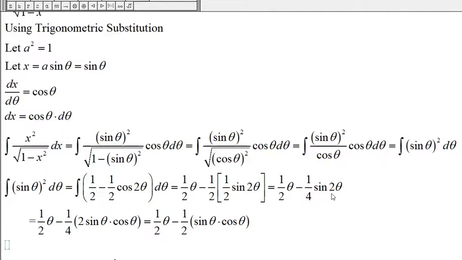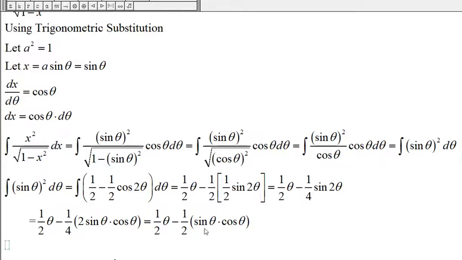Again, from trigonometry identities, sine of 2 theta is 2 sine theta cosine theta. One-fourth times 2 is 1/2.